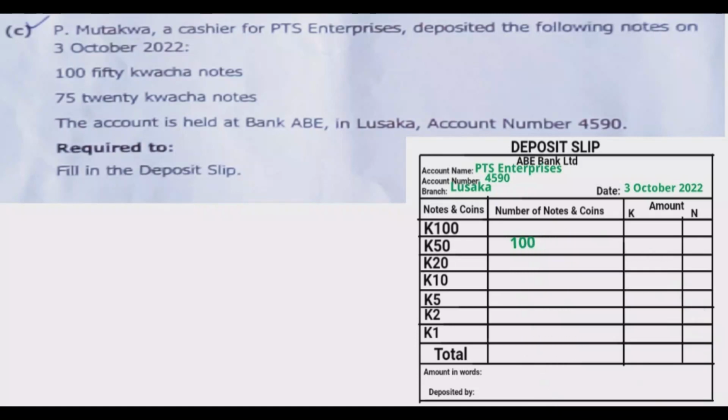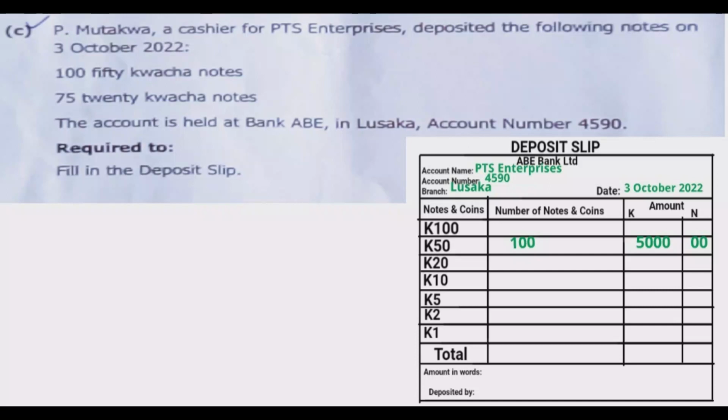So we say 50 times 100 will give us 5,000. So I've written 100 notes there, then we find the total by multiplying 50 by 100, which will give us 5,000. Then we write 5,000 there. There are no ngwes, so we put 2 zeros there.